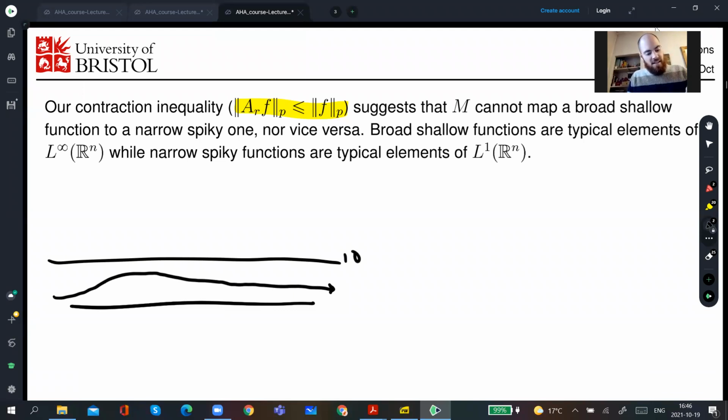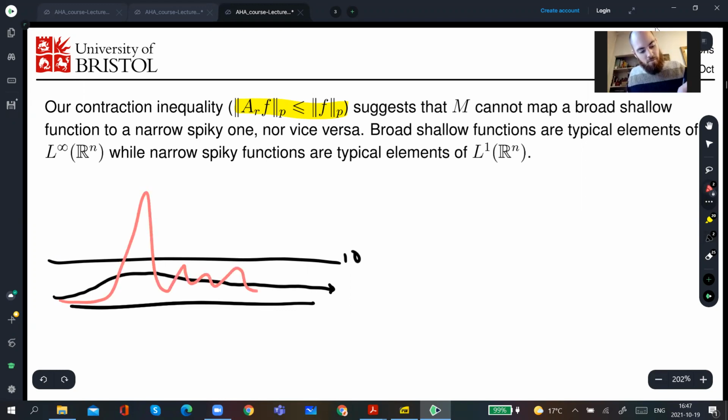Well, the average of this thing is always bounded by 10 as well. So each average takes an L infinity, a bounded function, to another bounded function. It can't do any sort of spikes that really go above it from before.